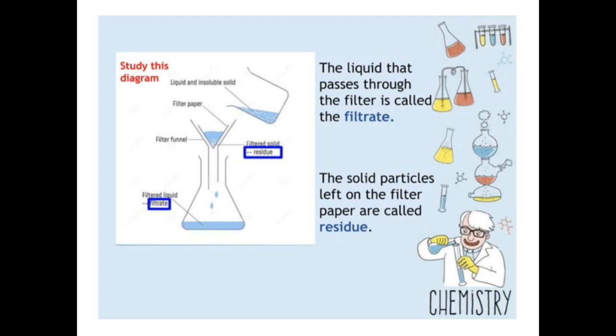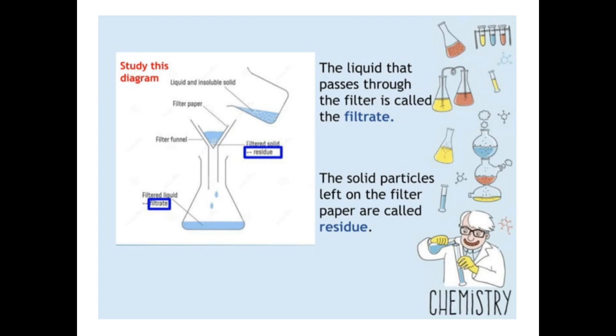Now, in a typical filtration method, you are going to have the filter paper placed in a funnel, a filter funnel. Then the liquid and insoluble solids are poured through the filter paper, and at the end of the day, you are going to have the clear liquid in the conical flask, while the solid will be on the filter paper.